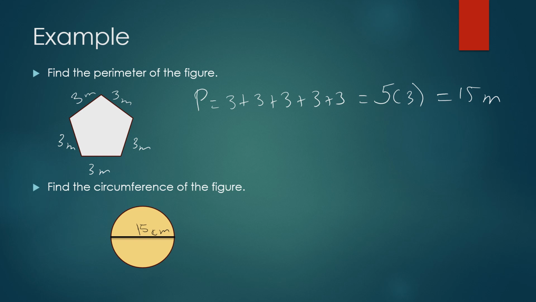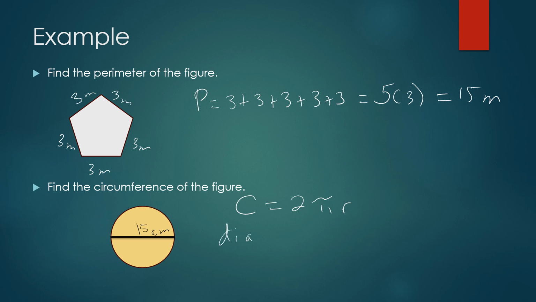That's it. All we do is use the definition. Bam. All right, so now let's find the circumference of the figure. Remember that this is a circle, so we want to find the circumference, which is C equals 2 pi r. Here, the challenge is that I'm getting 15 for my diameter, not my radius.